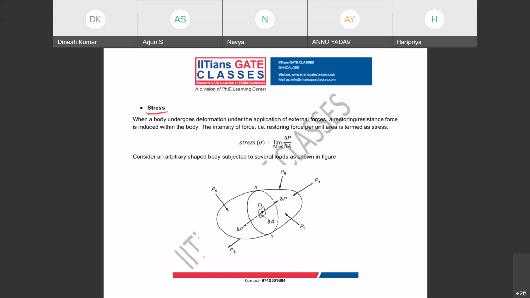Pressure is the same at a point in all the directions. You know this fact, right? If you take a point, your pressure is a scalar quantity. It is the same in all the directions. But at a point, if you take stress, it will not be the same in all the directions. So that's the difference between pressure and stress.